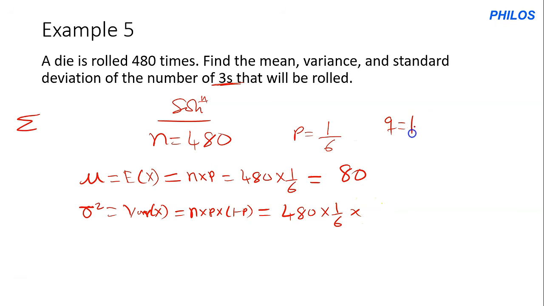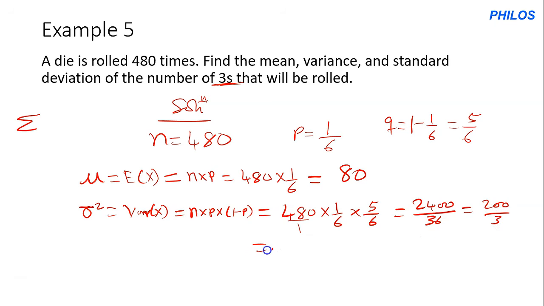Our q is 1 minus 1/6, which is 5/6. Now 480 times 1 times 5 will give you 2400, over 1 times 6 times 6, which will give you 36. You can use your calculator. When you simplify this, you get 200/3.